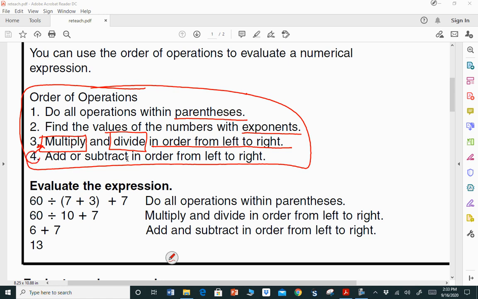Same deal with this fourth one, addition and subtraction in order from left to right. Addition does not come before subtraction. They're at the same level in the order of operations. Now here's a little device for remembering that.